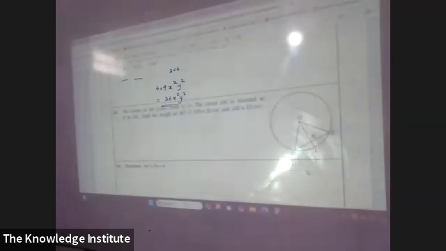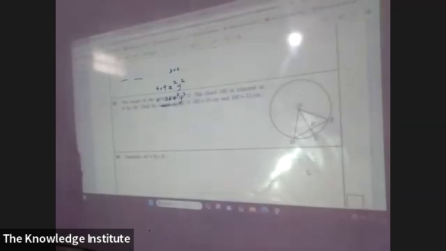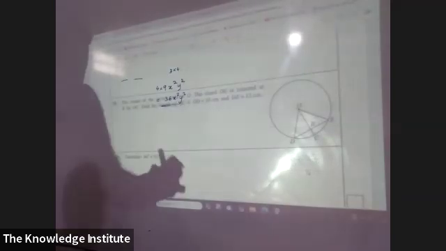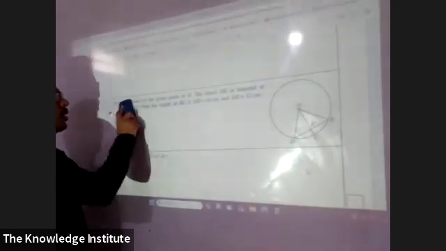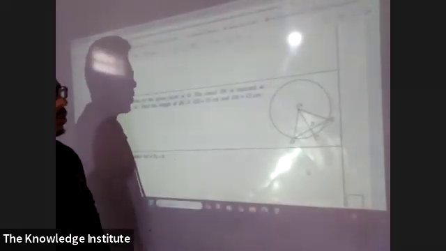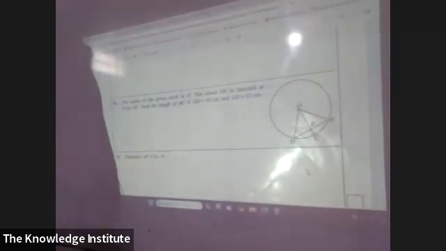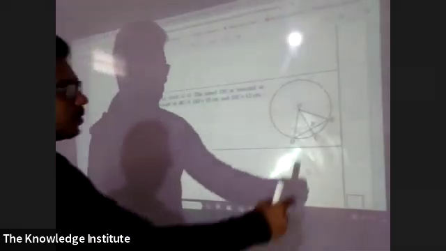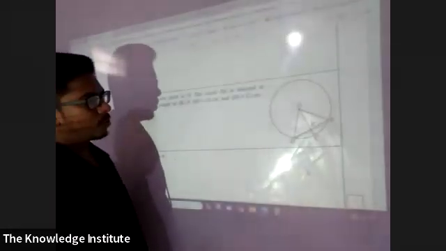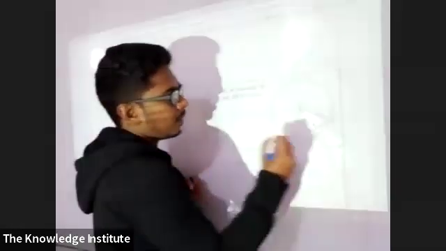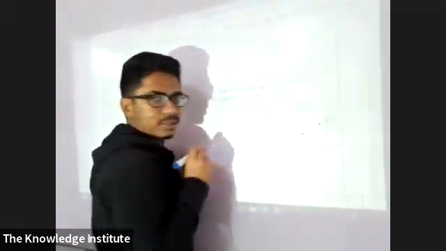So the next question. The center of the given circle is O. The chord DE is bisected at B by OC. So bisected means divided into two equal parts.